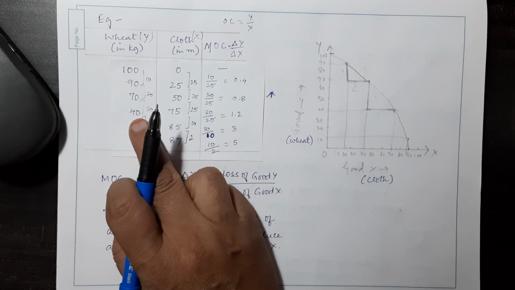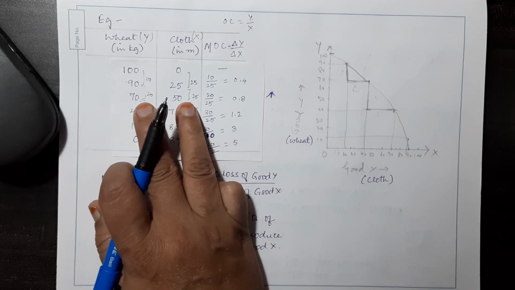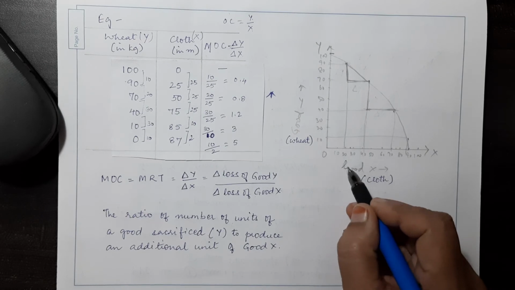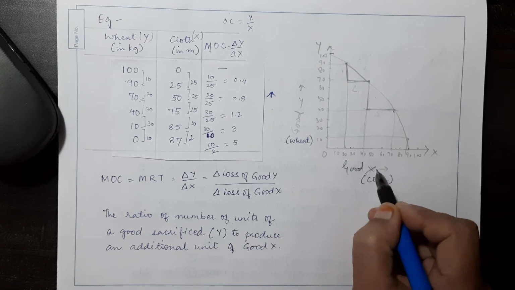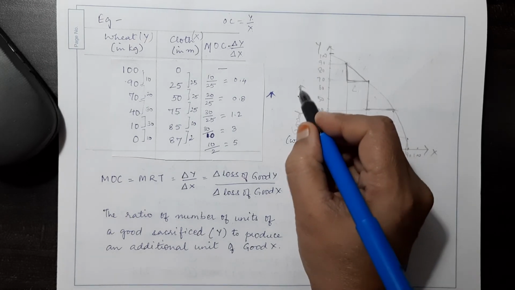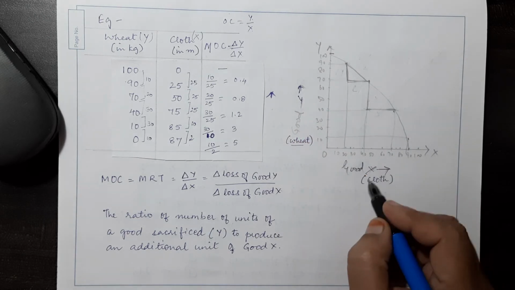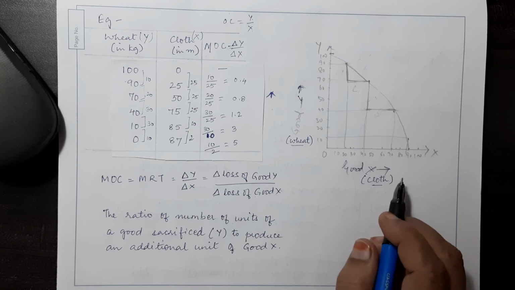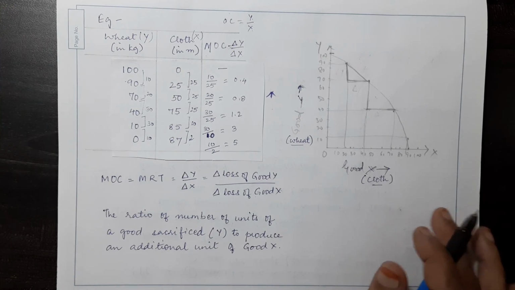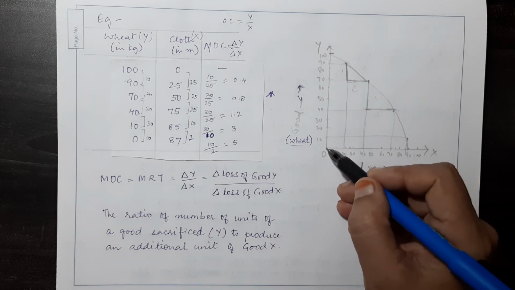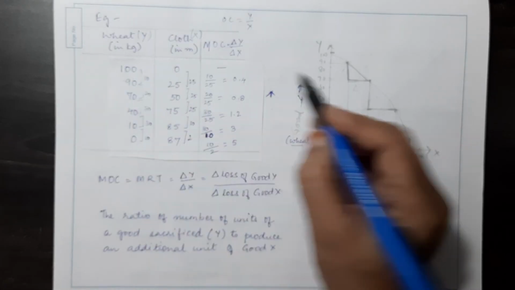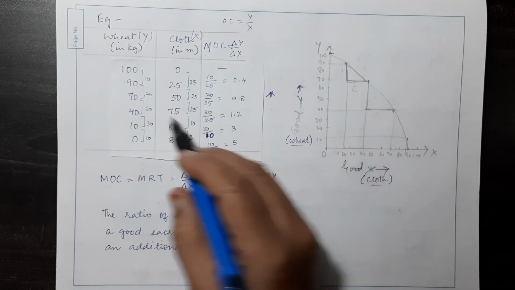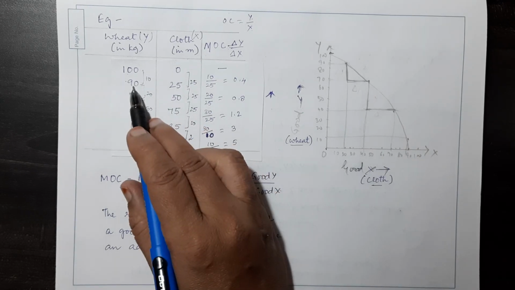Now, if we plot this Y and X on the graph, suppose we plot good X on the x-axis and good Y on the y-axis. Good Y here is wheat and good X is cloth. If we plot these on the graph, we find here is 0, 0 and 100, 0 and 100. Then we have 25 units of cloth to 90 units of wheat.